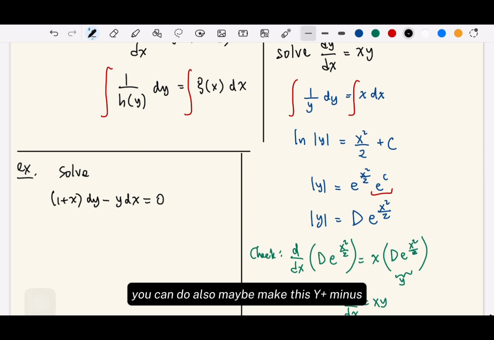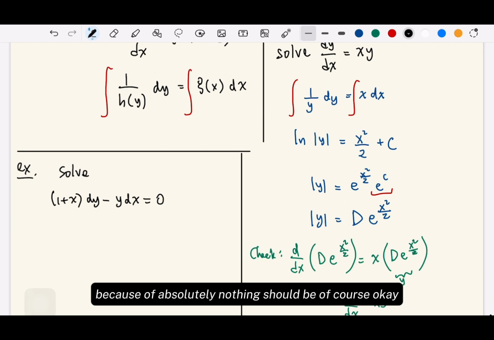Oh, I forgot. You can also maybe make this y plus minus because of absolute value. Should be also okay.